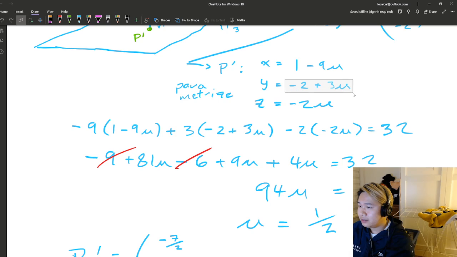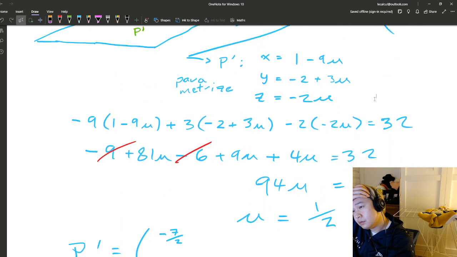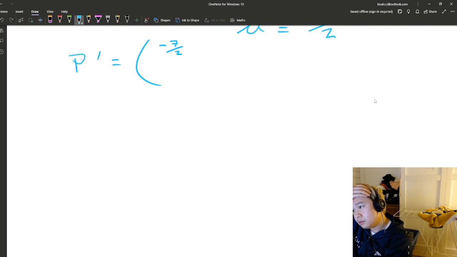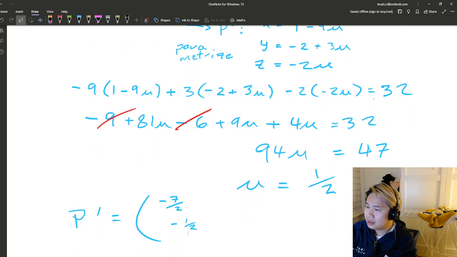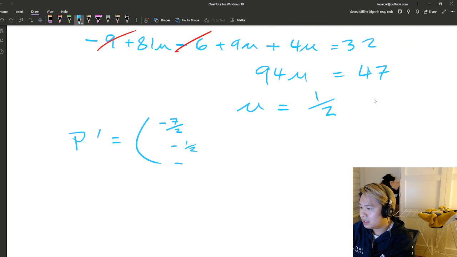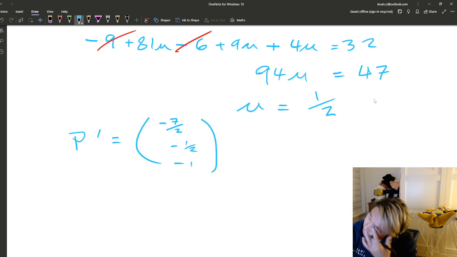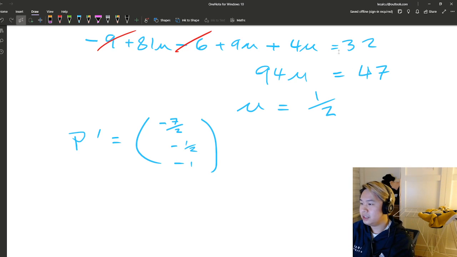And then we have -2 plus 3/2. I think that's -1/2. I'm getting a little worried. These look kind of ugly. And then this is -1. Okay, we can also write it as coordinates too.